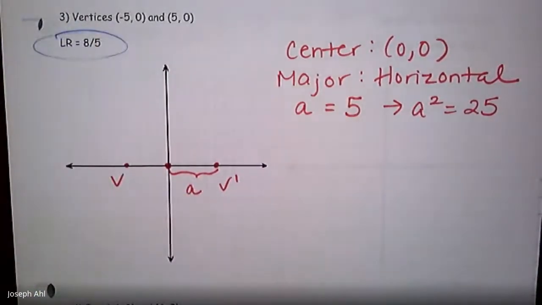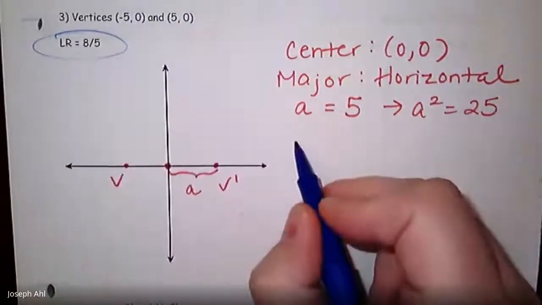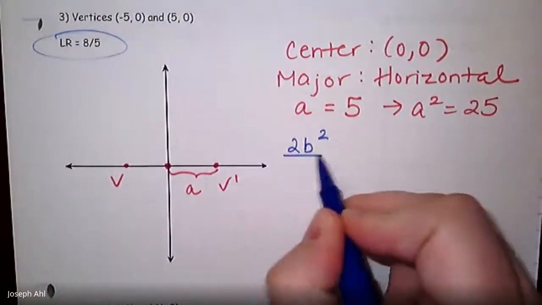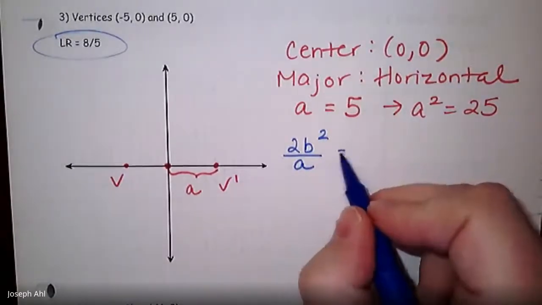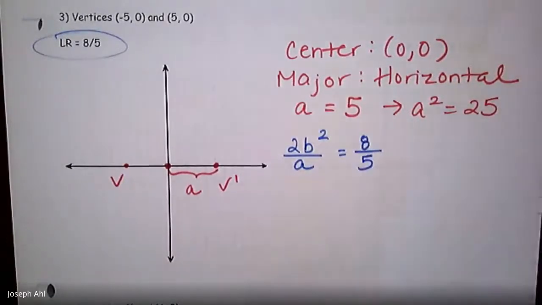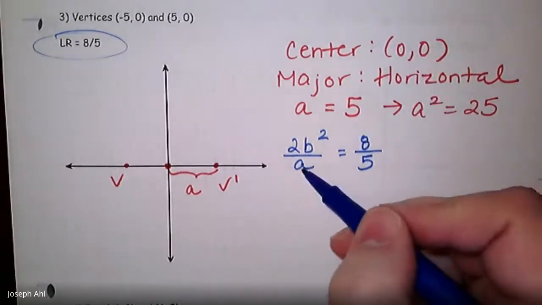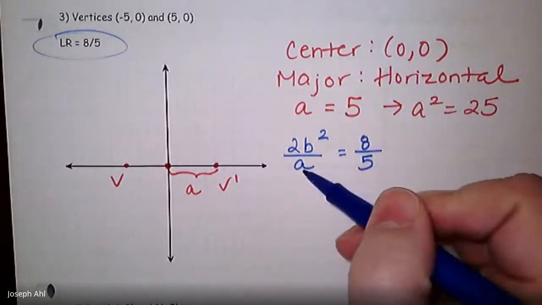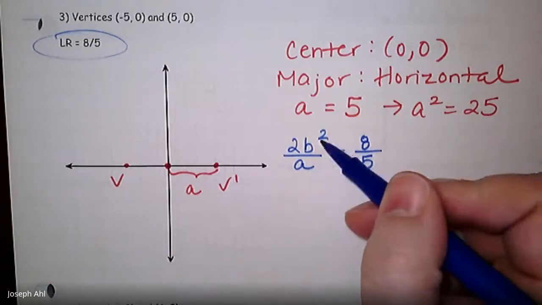Here's where knowing the formula for LR is going to really come into play. So the LR length is in general 2b squared over a. That has to equal 8/5. Now remember that we know the value of a already. We know that a is 5, so I can plug in 5 for a, and then I can solve for b.